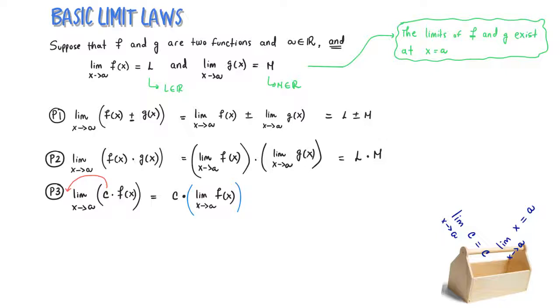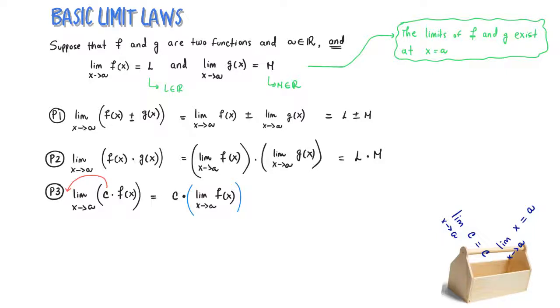So practically saying, because this is a numerical coefficient, c doesn't depend on x. So it can be taken outside, in other words, in front of the limit, and then the limit will only apply to f of x, because just f of x depends on the variable x.